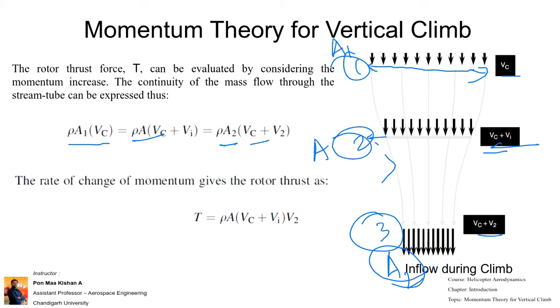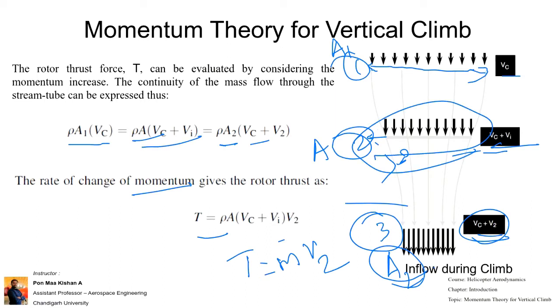The rate of change of momentum is our thrust force. Thrust force is equal to mass flow rate times velocity, and the velocity we take is the outlet velocity, that is V2. The mass flow rate due to the rotor is rho A times VC plus VA, multiplied by V2, our exit velocity.